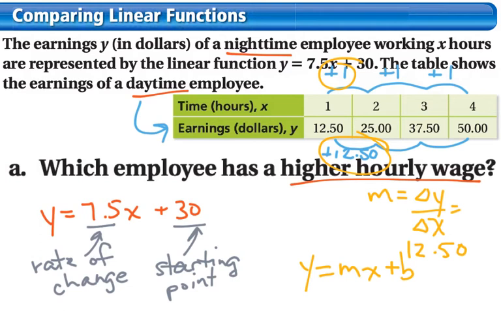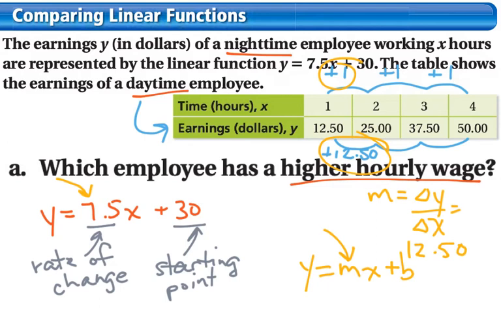However, part A here, again, simply says which employee has the higher hourly wage, meaning that rate of change, that pay scale that they're on, that's all I'm really concerned with. And as we saw a moment ago, that's actually going to come from the slope itself. The y-intercept is not going to affect how I answer this question.